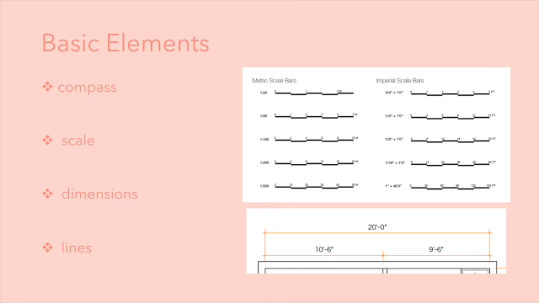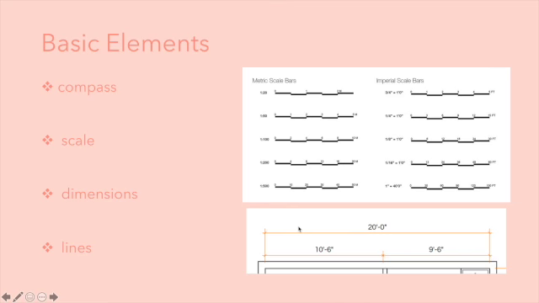As well, having a scale bar is really important, so that people know what the scale you're using is for your drawing, and they can more easily visualize how a space might look in real life. As well, different scales are used for different kinds of plans.